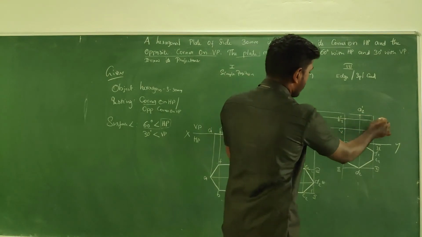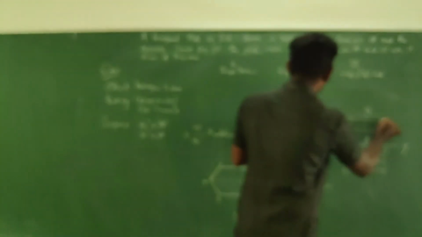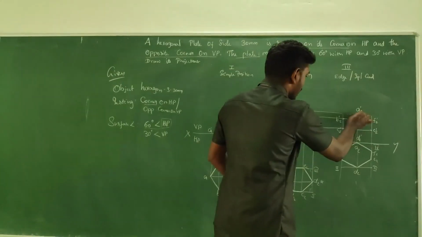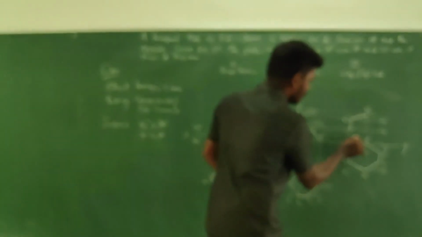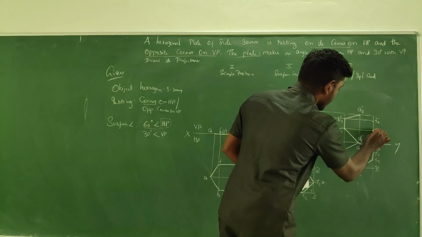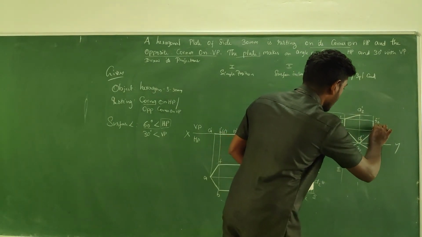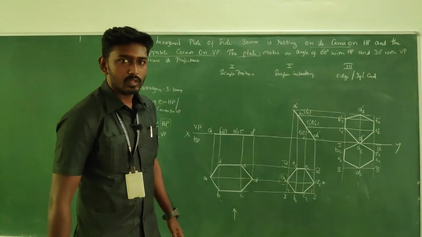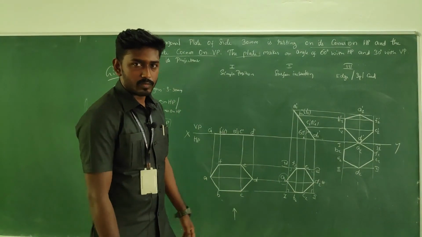F horizontal and F vertical are meeting here, so this will be F2 dash. Now connect all the points: A to B, B to C, C to D, D to E, E to F and F to A. This is the final front view.